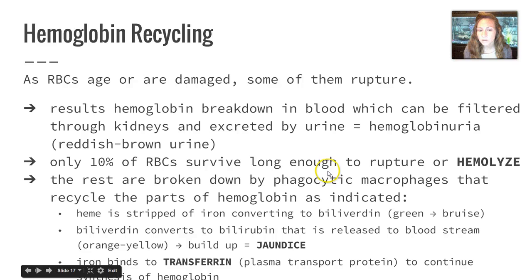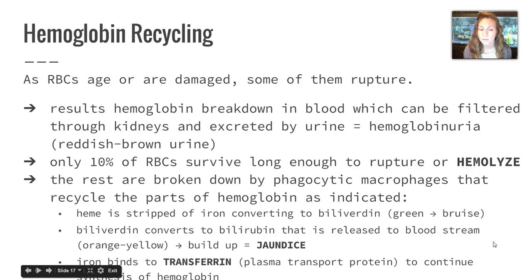Usually this can be an indication of different problems. Now, only 10% of red blood cells survive long enough to rupture or hemolyze. The rest are broken down by phagocytic macrophages, or some of our white blood cells that recycle the parts for us. The heme is stripped of iron, converting to biliverdin, which is a greenish color usually that you see when you bruise. The biliverdin then converts to bilirubin that is released to the bloodstream.